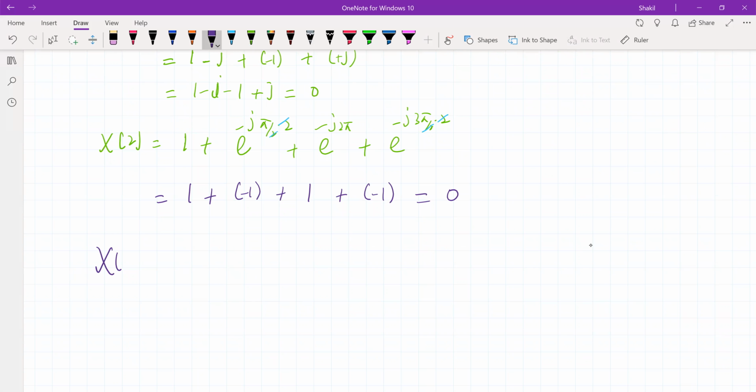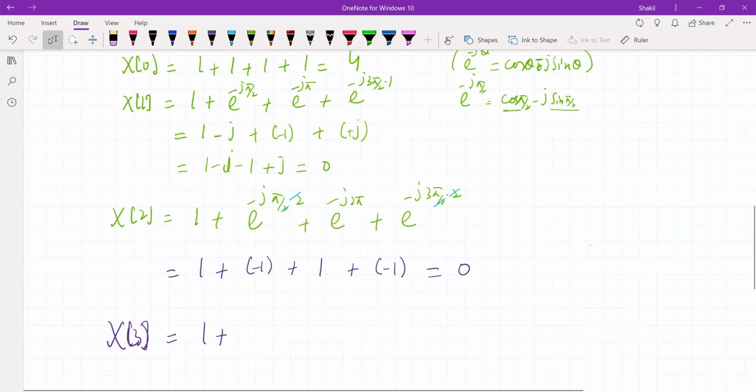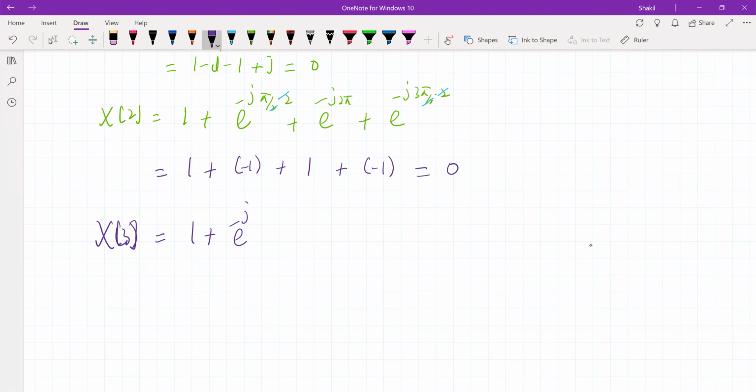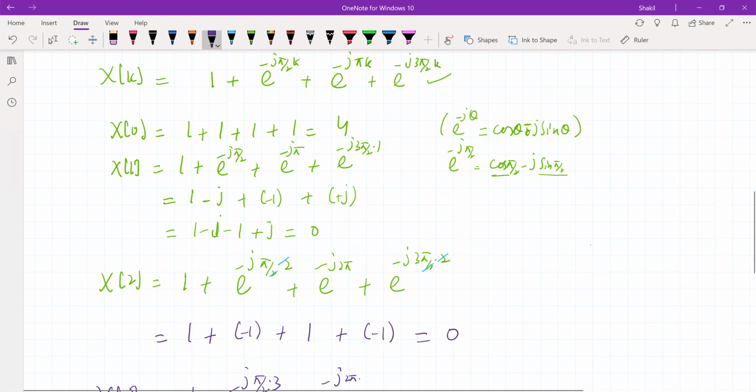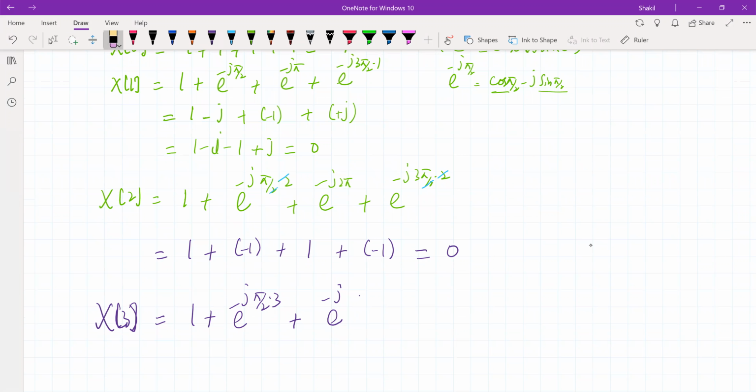Now x of 3 means when k is equal to 3, this will be 1. Then what's the next value? e to the power of minus j 2 pi times 3, which is 3 pi.